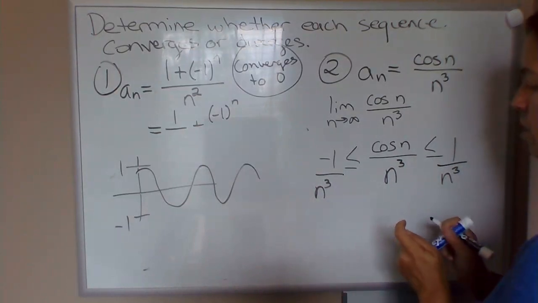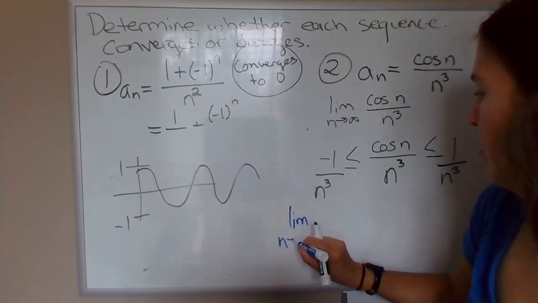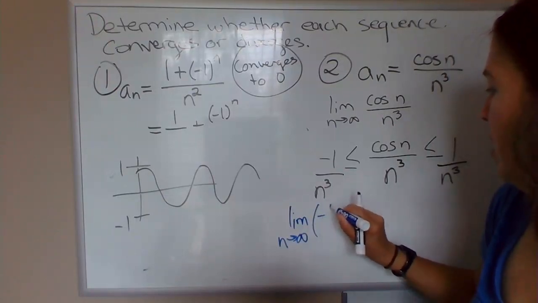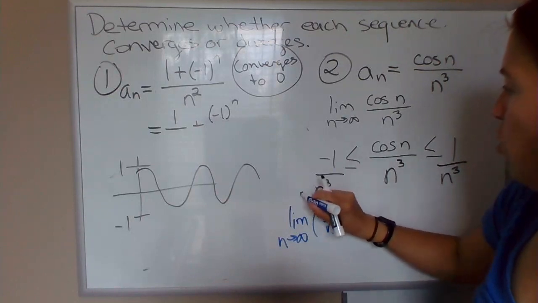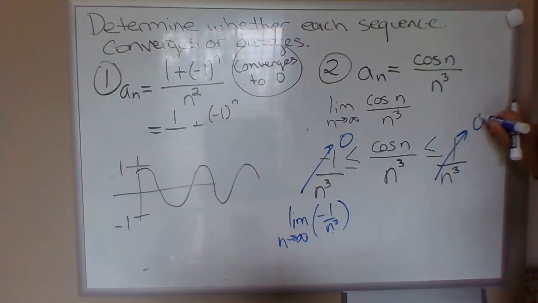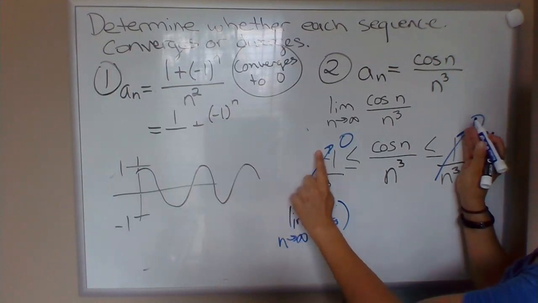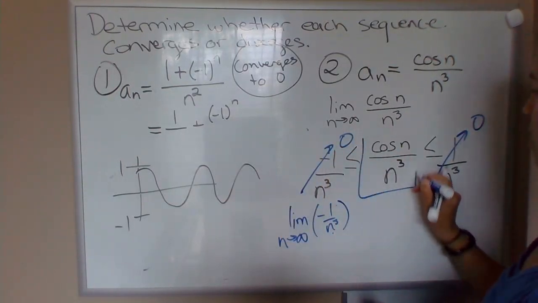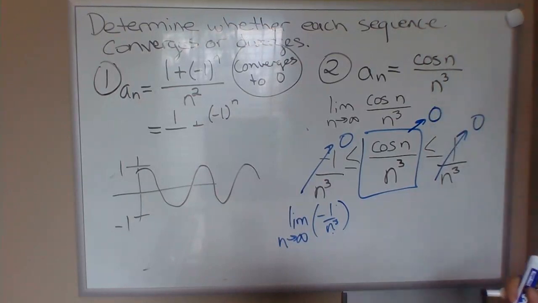Now if you take the limit as n approaches infinity of negative 1 over n cubed, that's a finite number over infinity, so that's going to 0. Same thing here: limit as n approaches infinity of 1 over n cubed, finite number over infinity, that's going to 0. And since these limits agree as n approaches infinity, they're both approaching 0, the function in the middle must also approach 0.